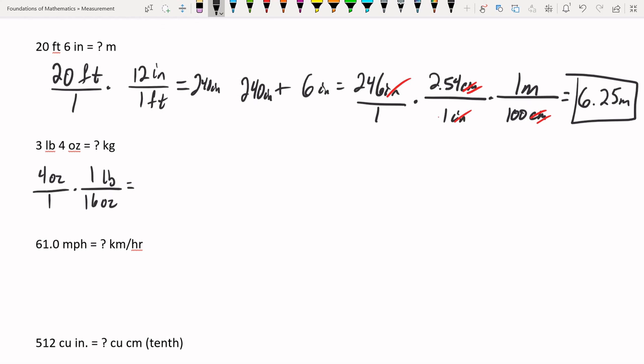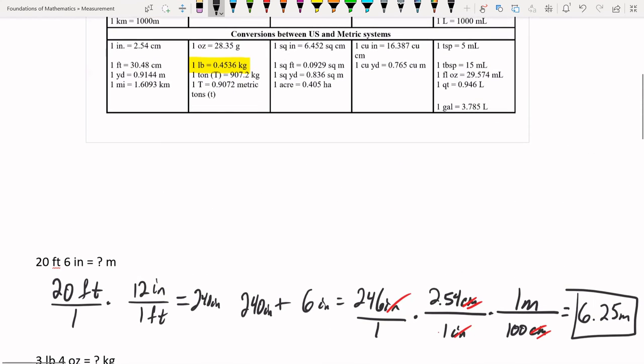You see we have 4 over 16, which is 0.25 pounds. So then 3 pounds plus 0.25 pounds, which is 3 pounds 4 ounces, equals 3.25 pounds.